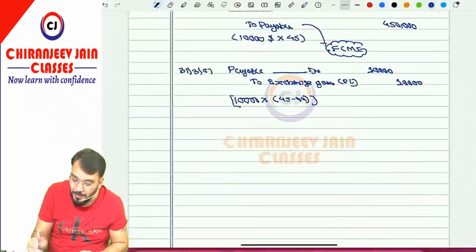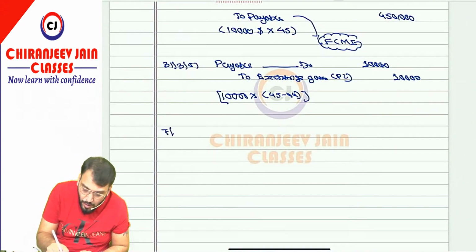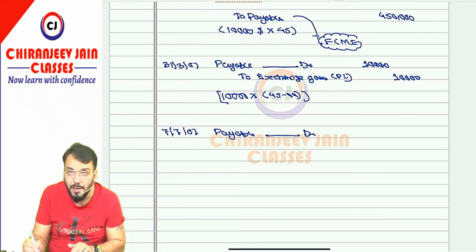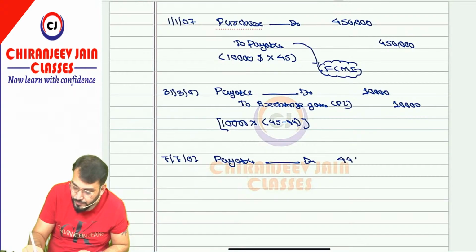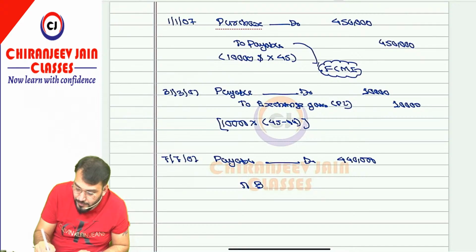So on 7/7/2007, what journal entry will you do? Payable will be settled. The liability we recorded on 31st March is 4,40,000, but now we'll make the payment based on 43. So 10,000 into 43 is 4,30,000.